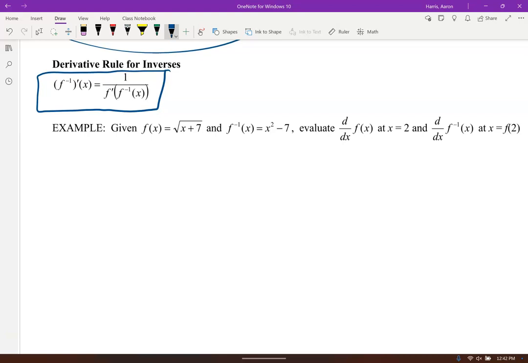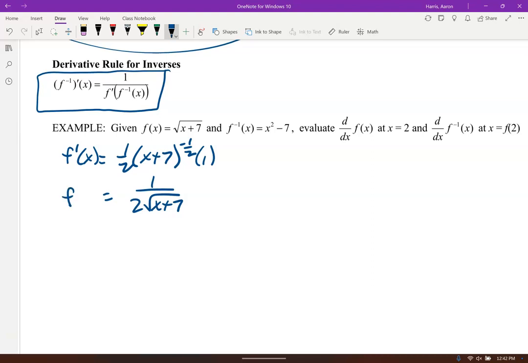So our first one we've got f prime of x equals 1/2 times x plus 7, now it's to the negative 1/2. The derivative of x plus 7 is just a 1. So we got 1 over 2 square root of x plus 7. And there's our derivative. Okay.